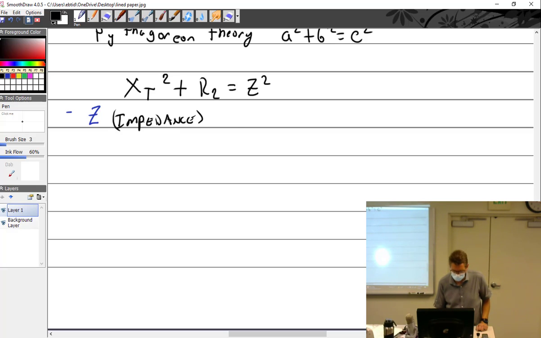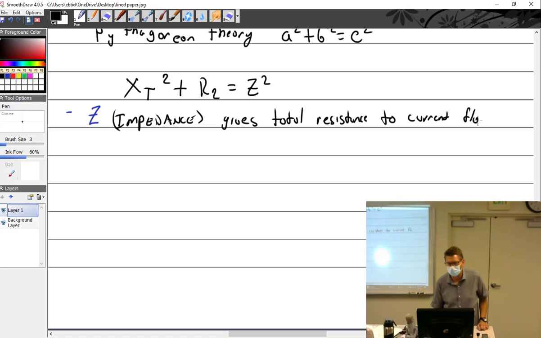Impedance, Z, gives total resistance or opposition to current flow in an RCL circuit or LRC or an RL circuit or whatever you're going to put together.